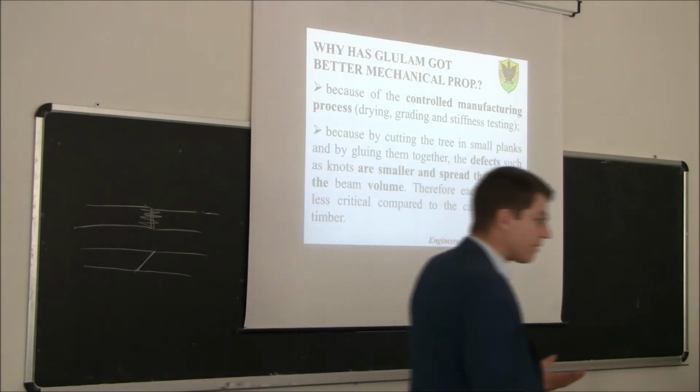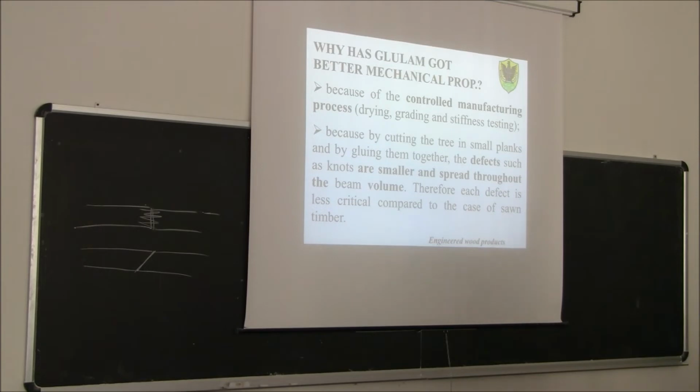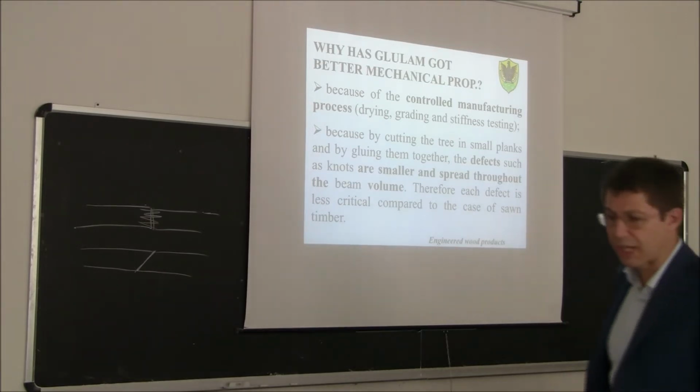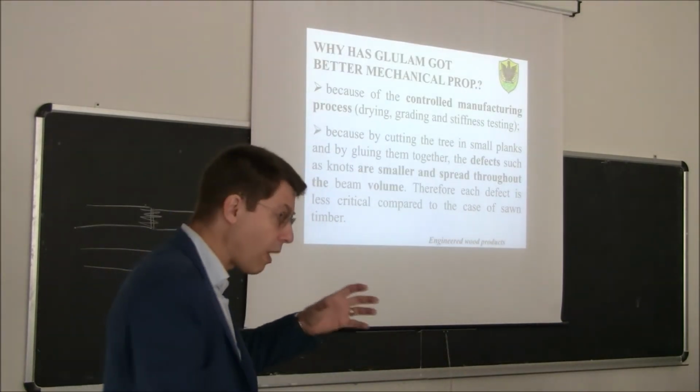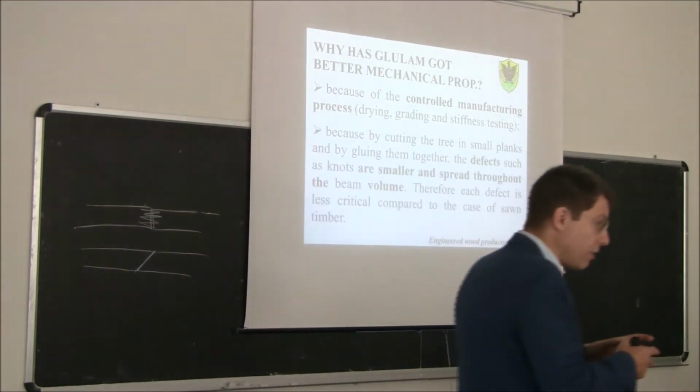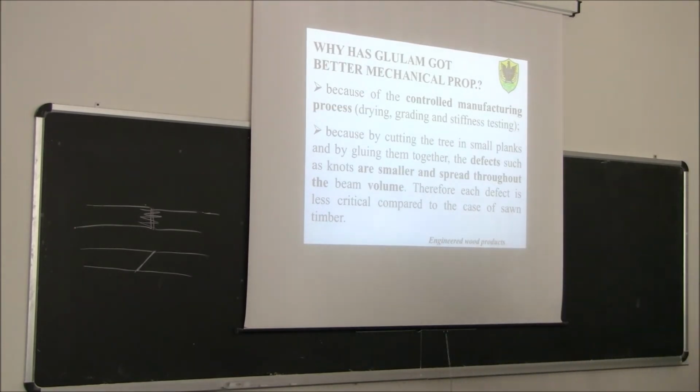But the most important reason is the fact that by cutting the tree into small planks and gluing them together, the defects, particularly the knots, are reduced. If you remember the principle that we discussed on Monday, is it better to have only one big knot, or to have more smaller knots? What was the answer?